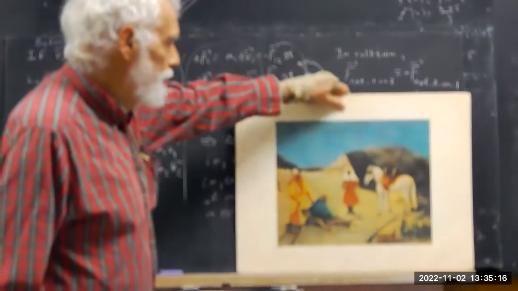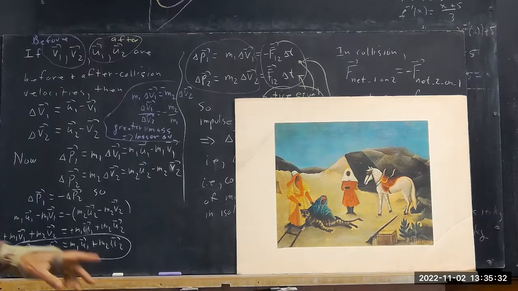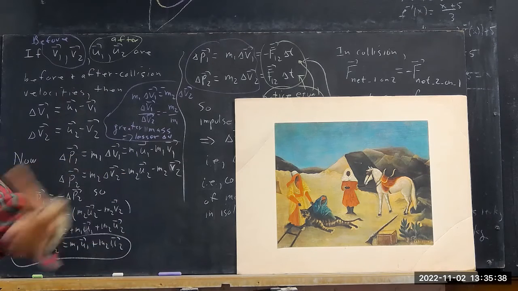Just quickly, we set this equal to this, we get this, and it's a very simple rearrangement to get this, which is what you're used to: M1V1 plus M2V2 equals M1U1 plus M2U2, or whatever notation you're using for the before and after velocities.